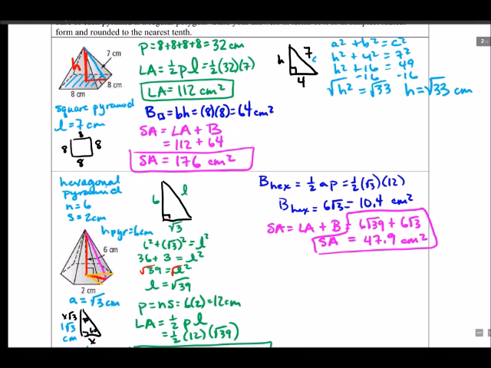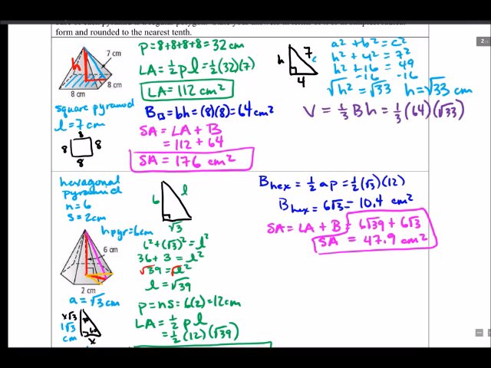Now it's not a perfect square, so we can just leave it as is. And now we can find our volume. The volume of a pyramid is 1/3 times the area of the base times the height of the pyramid. So 1/3, we already know the area of the base was 64 centimeters squared, and the height of our pyramid is the square root of 33 centimeters.